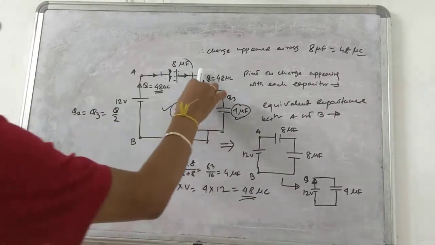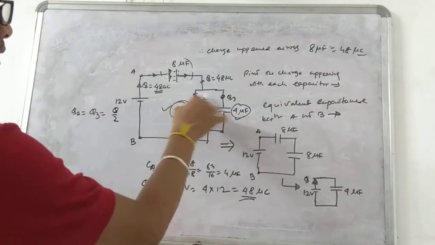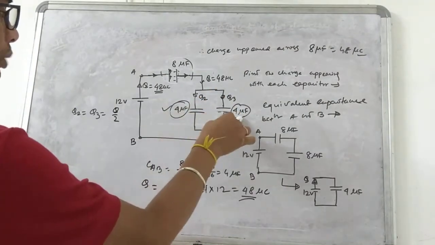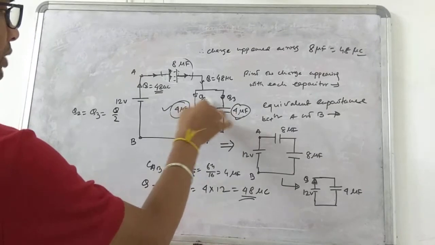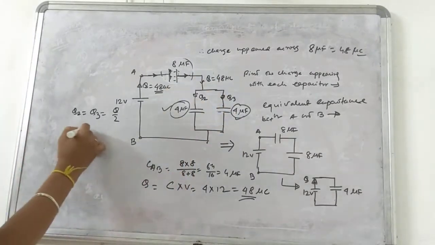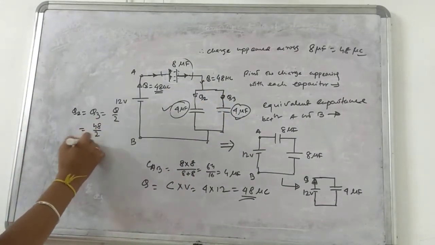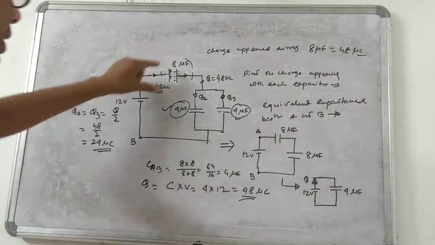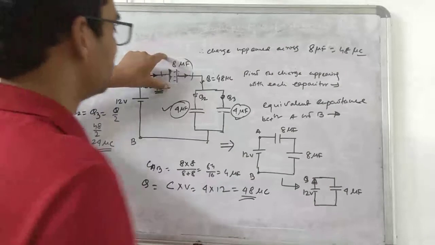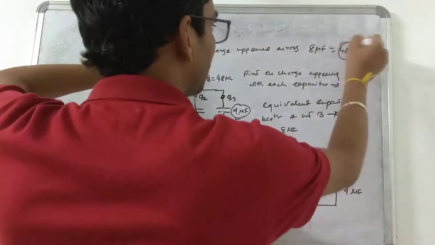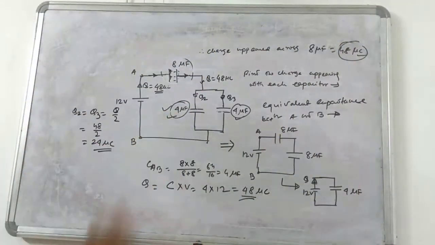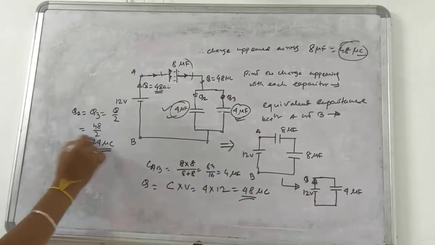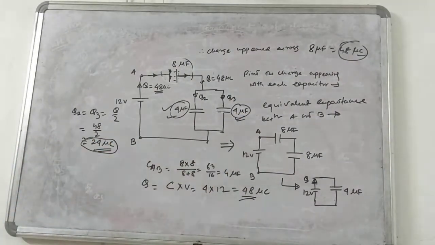That means Q is equally divided between these two lines, and each capacitor gets the same amount of charge. So this 8 microfarad will have charge 48 microcoulomb, but this 4 microfarad and this 4 microfarad will get 24 microcoulomb each.